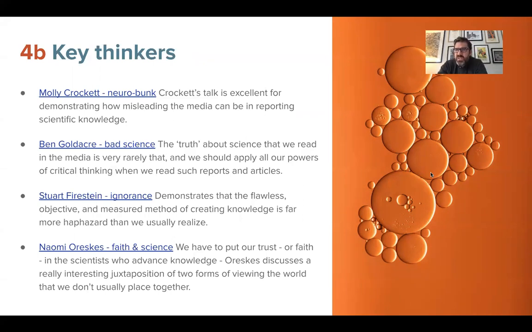Molly Crockett talks generally about how ideas can become simplified, but not necessarily trying to manipulate you, but Ben Goldacre goes a little more into that, and talks about how newspapers often have a mission to make you think in a certain way, and if not dumb down, then certainly mistranslate the science that is at the heart of the stories that he's looking at.